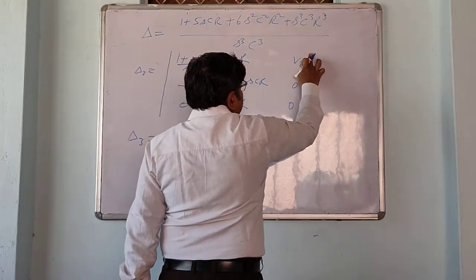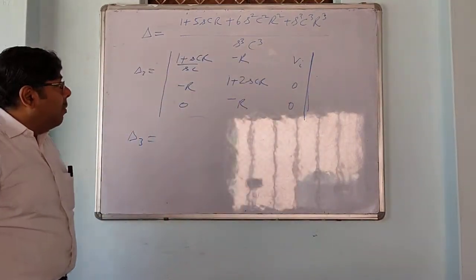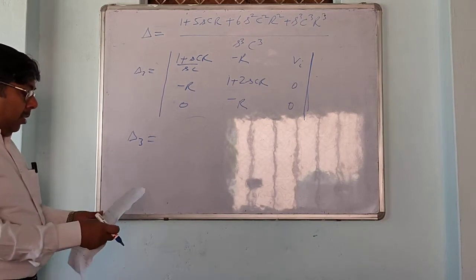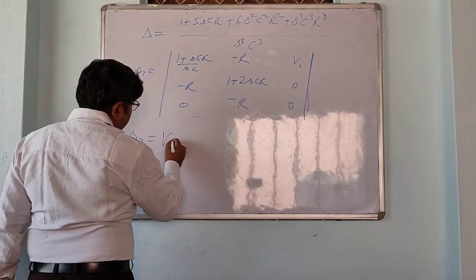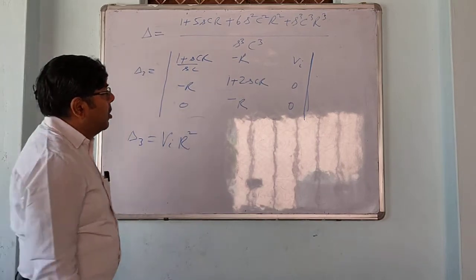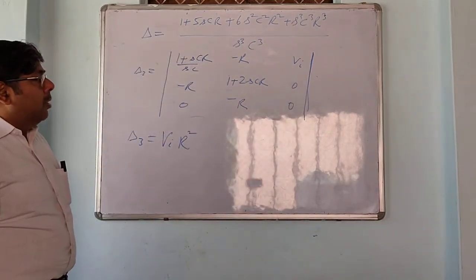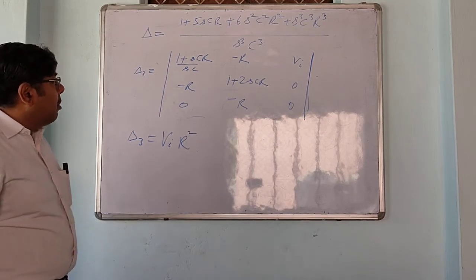This is not a matrix, actually this is a determinant. So after solving, you will get delta 3 as Vi R square. This is very simple because some terms will become 0 due to this third column. So expansion is very simple for this delta 3.